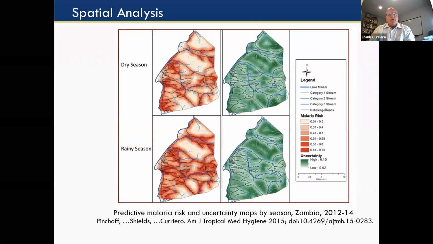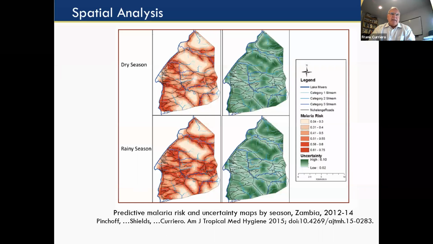So we can fast forward maybe a century and a half, and this is some work that Tim, I, and other colleagues have been involved in, and you can see the maps get a little bit more fancy. This was work we did in malaria in Southern Africa. We were mapping malaria risk and uncertainty in that risk estimate, both for what's called the dry season and the rainy season. Houses were visited by community health workers to establish whether or not anybody in the house had malaria.